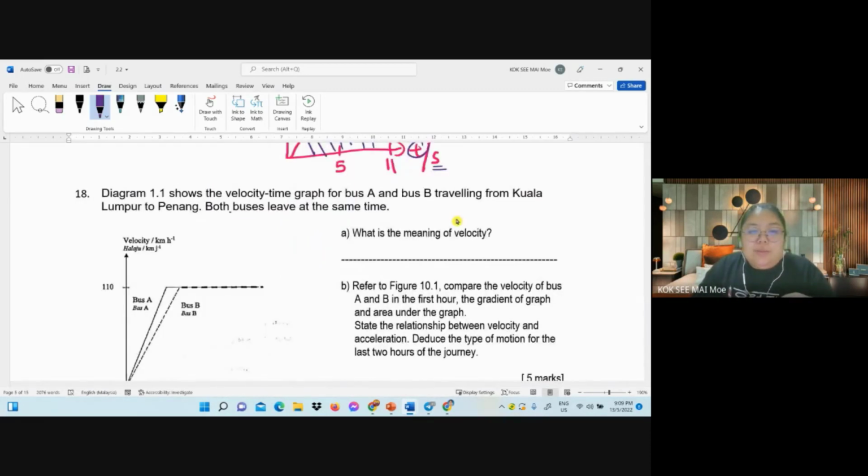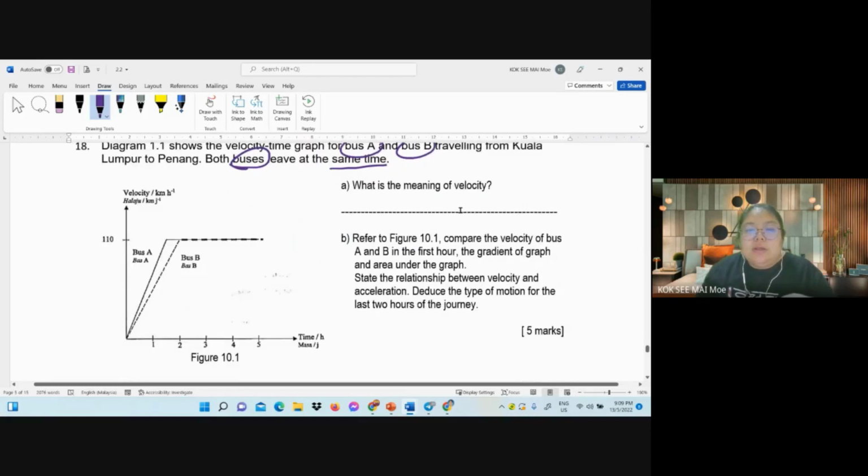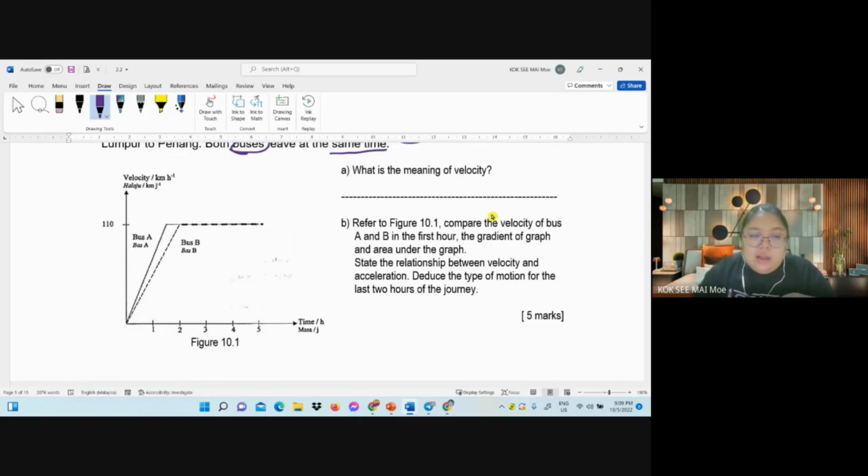Okay, now you see both buses leave at the same time. Bus A, bus B. Okay, we see what's the difference. Bus A, around after 1 hour, the velocity already achieved 110. Bus B needs around 2 hours, then they achieve 110 velocity.